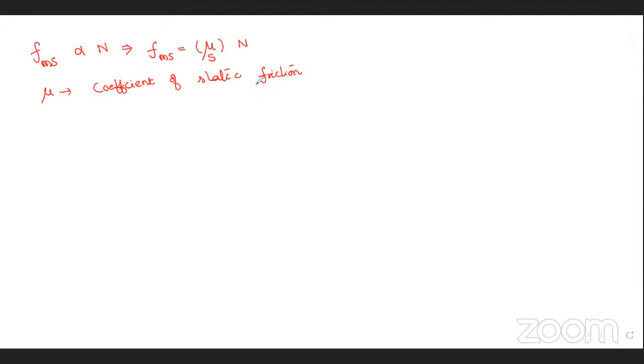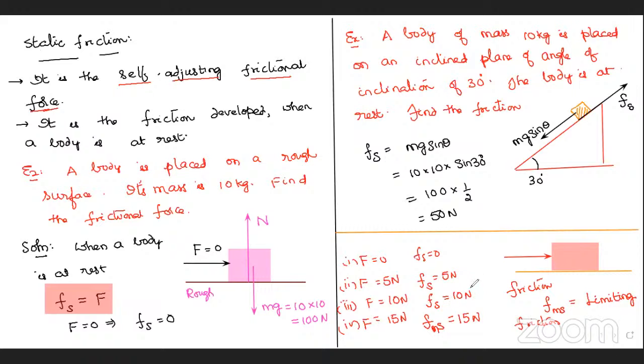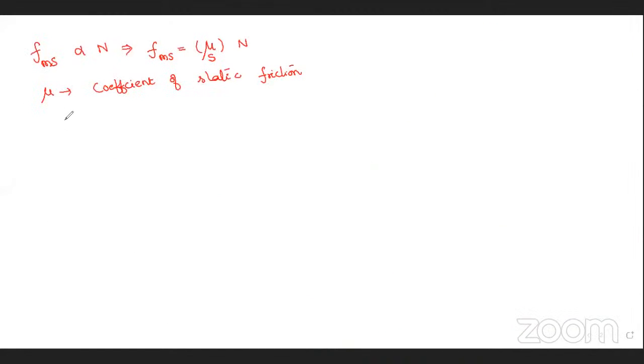But keep in mind, once again I am repeating, this maximum value of static friction only depends upon the normal reaction. The other static frictions won't depend upon the normal reaction, they depend upon the applied force. So anywhere while calculating Fs, don't use the formula mu s into N. Fs is always equal to the applied force only.